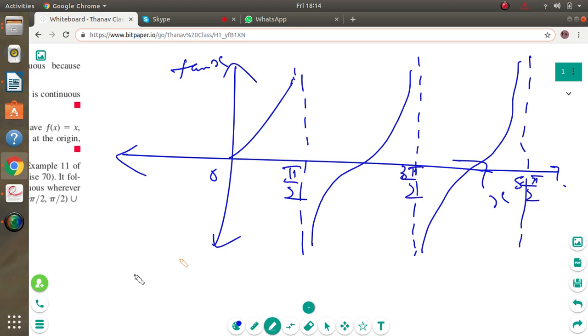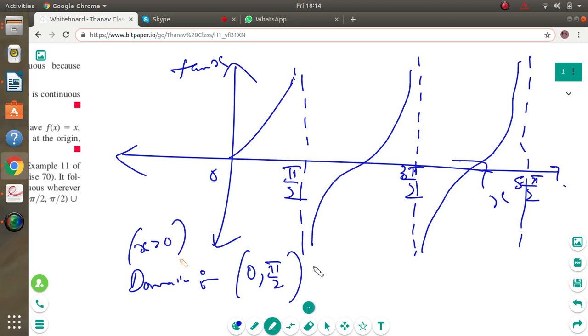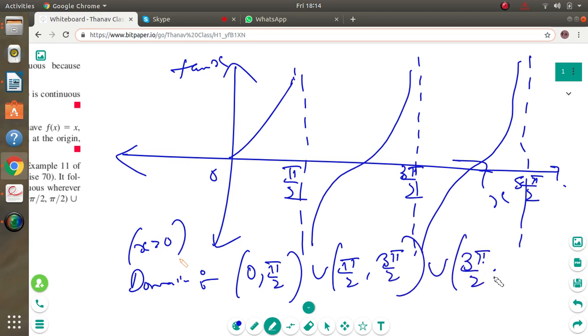So you can say, as they're talking about domain, the domain for which the function is defined is 0 to pi by 2, then union pi by 2 to 3 pi by 2, then again union 3 pi by 2 to 5 pi by 2. So this is how the domain is defined.